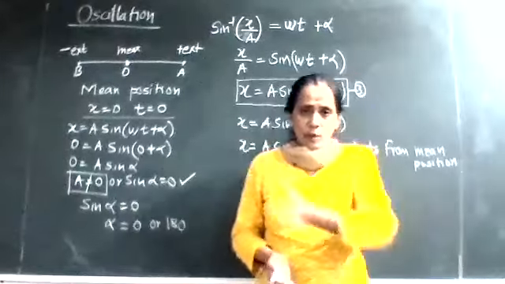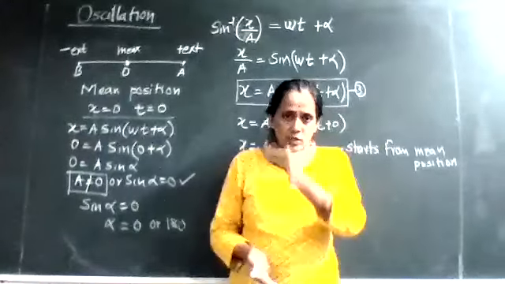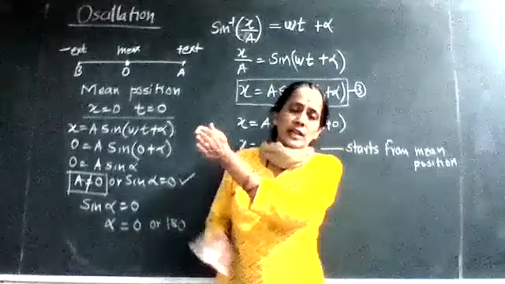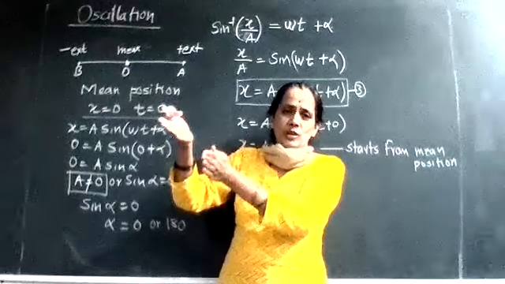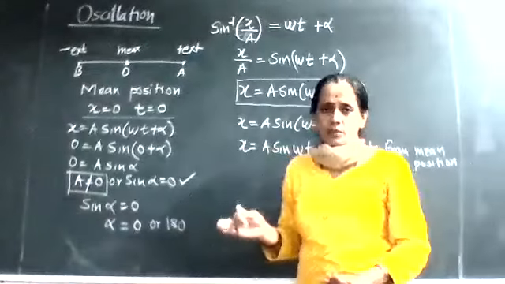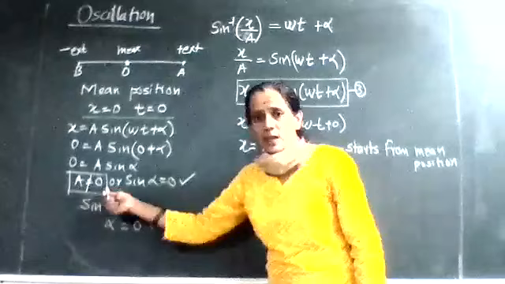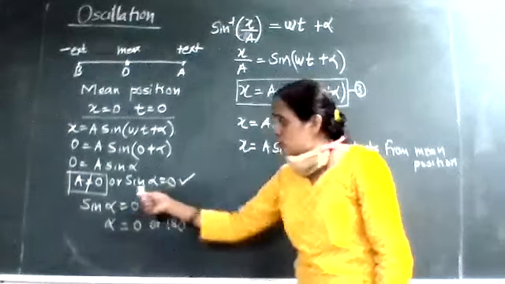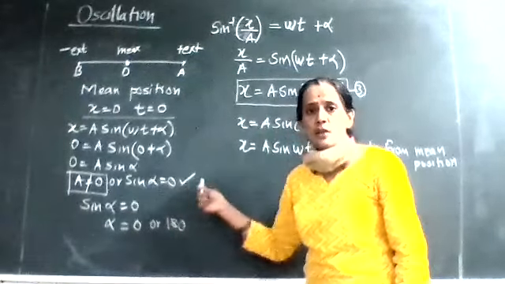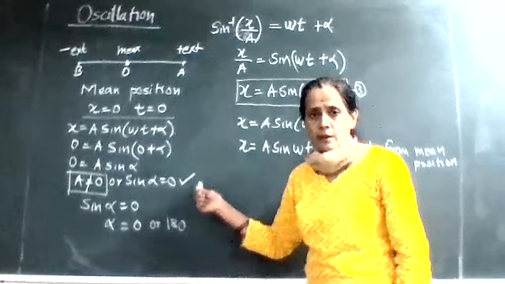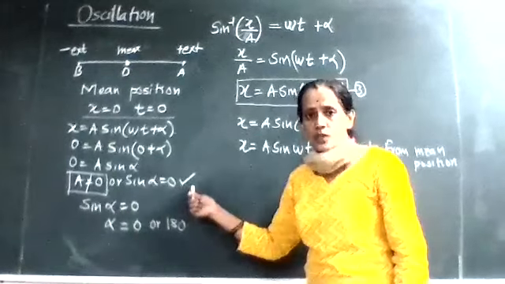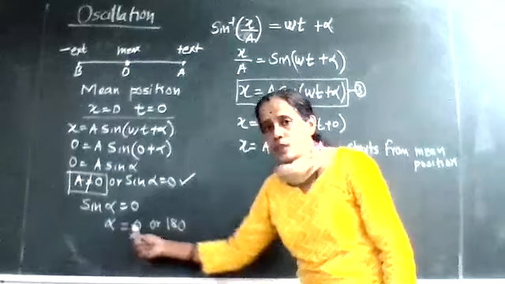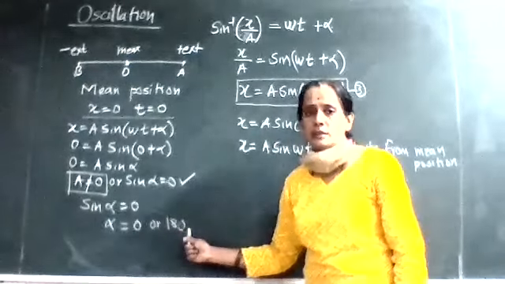When particle is performing oscillation, so this is mean position, when particle oscillates it must have a certain amplitude. So A term will never be 0. So if A term is never 0, then what is the possibility? Sine alpha must be equal to 0. If sine alpha is equal to 0, your alpha value must be 0.